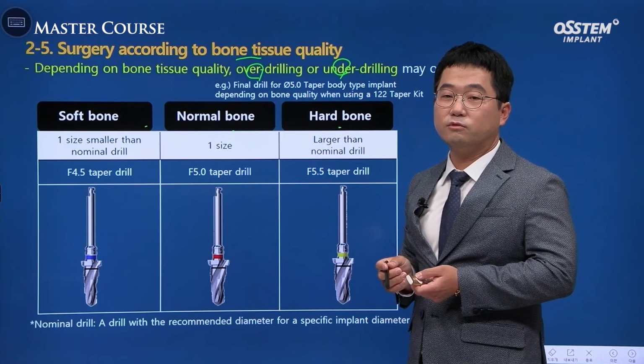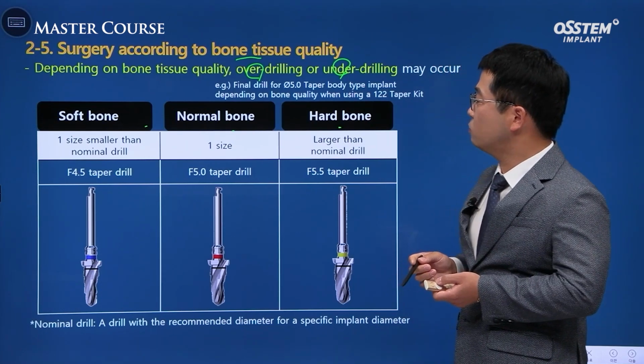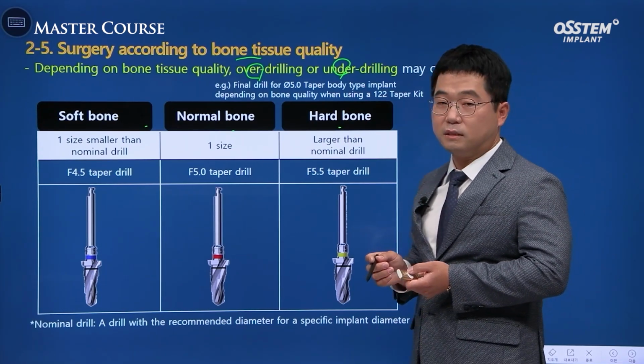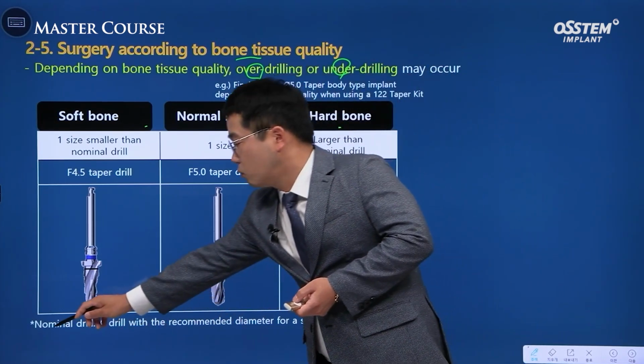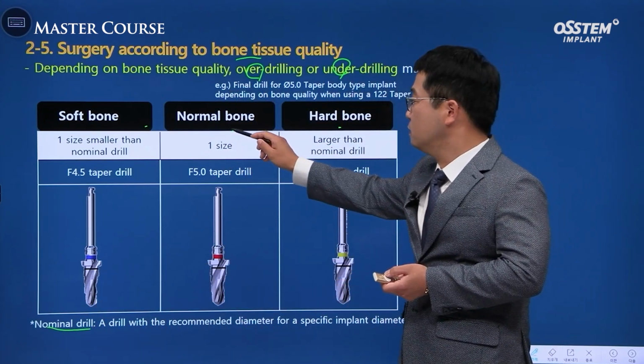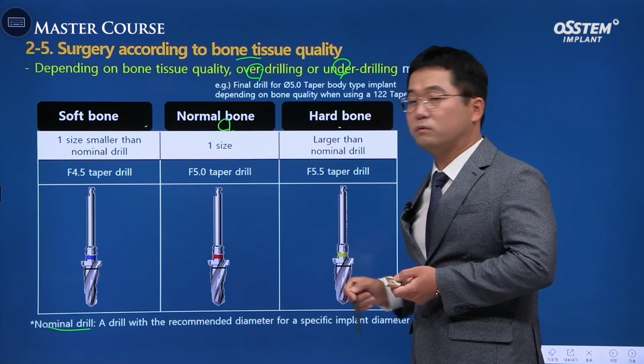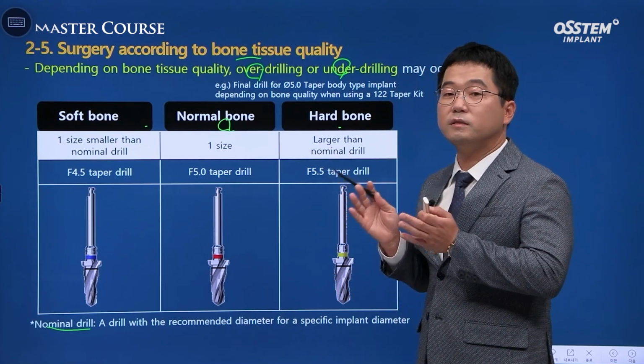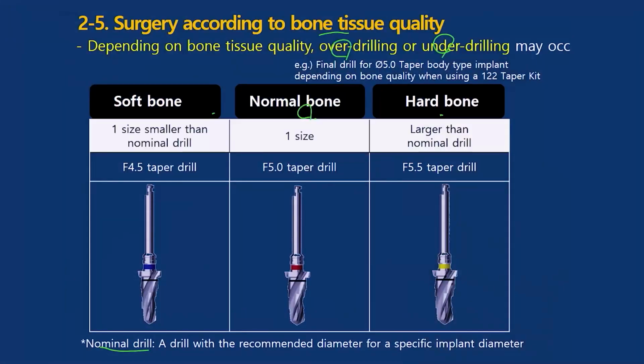In general, what is recommended is referred to as the nominal drill. In normal bone, the manufacturers set the dimension, and depending on whether it is harder or weaker, you need to adjust the drilling. This is something that is most important in the basic course.